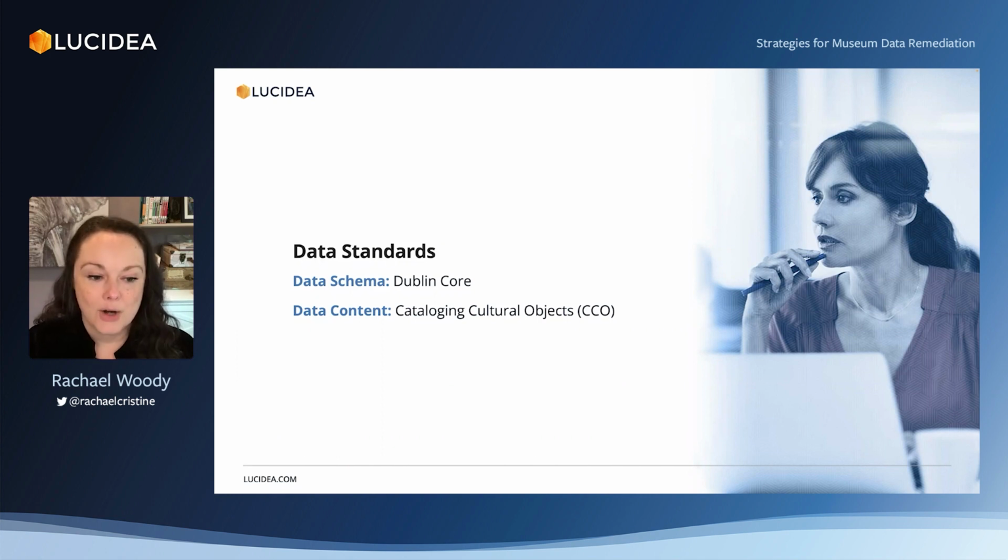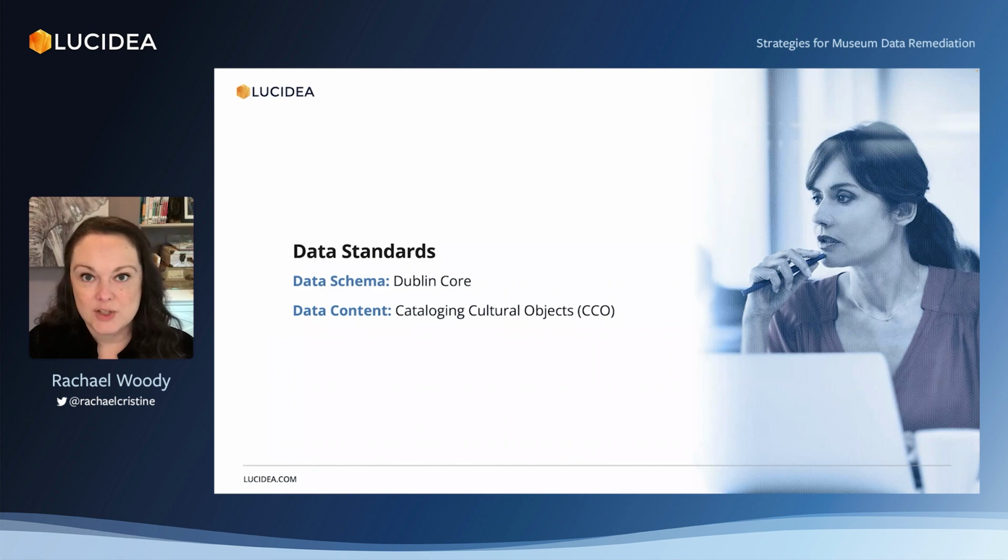The other set of standards to choose from and be aware of is the data content standards. So for us in museums, it's typically going to be cataloging cultural objects, the CCO standard. If you're in archives, it could be describing archives, a content standard. There are at least a dozen or possibly 24 content standards out there where, depending on the type of collection you have, one standard may fit better for your collection data than another.